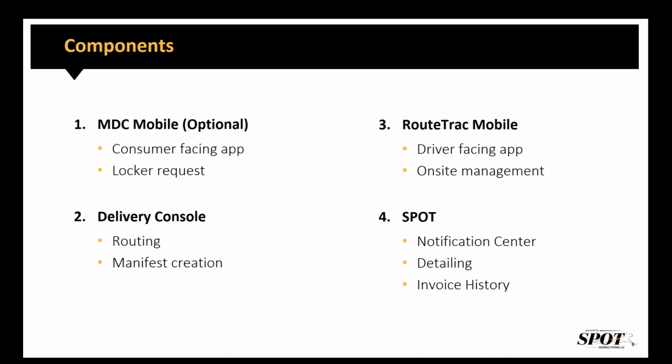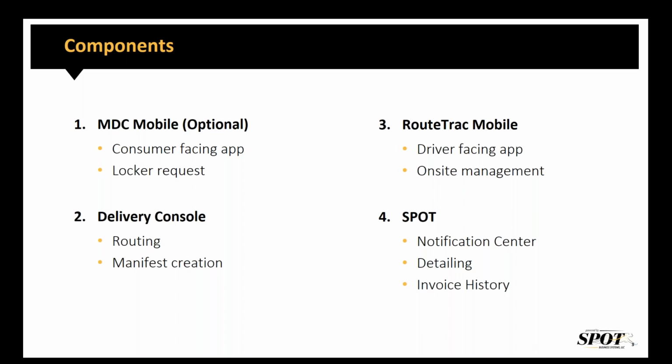Number 3 is RouteTrack Mobile, and this is the driver-facing app, right? So we have the consumer-facing app, and then we have the driver-facing app. RouteTrack Mobile is another component that is required for this whole thing to work together, mostly because without RouteTrack Mobile, you cannot use delivery console's features to their full extent.